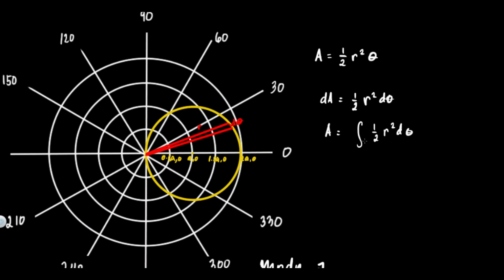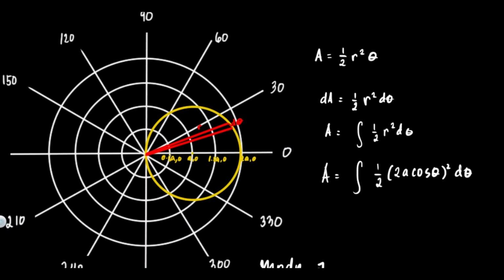Now, ano ba yung r squared? I mean, ano yung r? Sa ating equation, that is A equals the integral of 1 half times 2a cosine theta squared d theta. Now, kailangan natin ng limits.